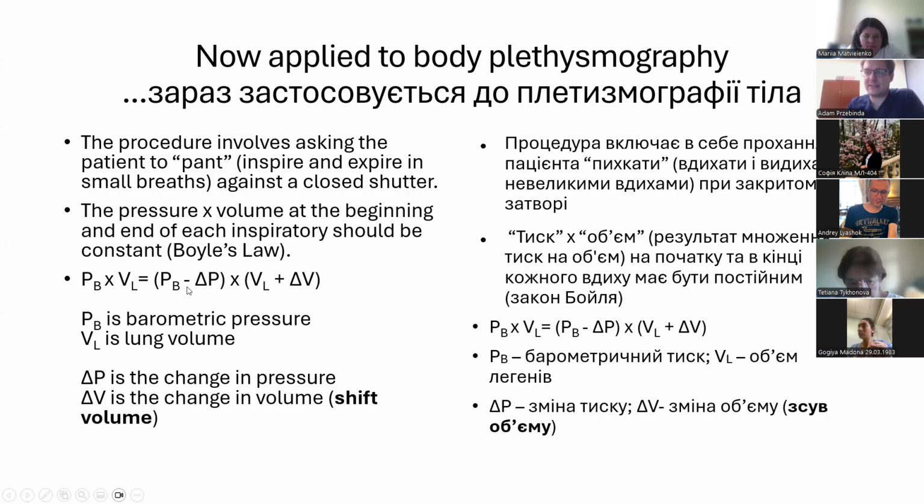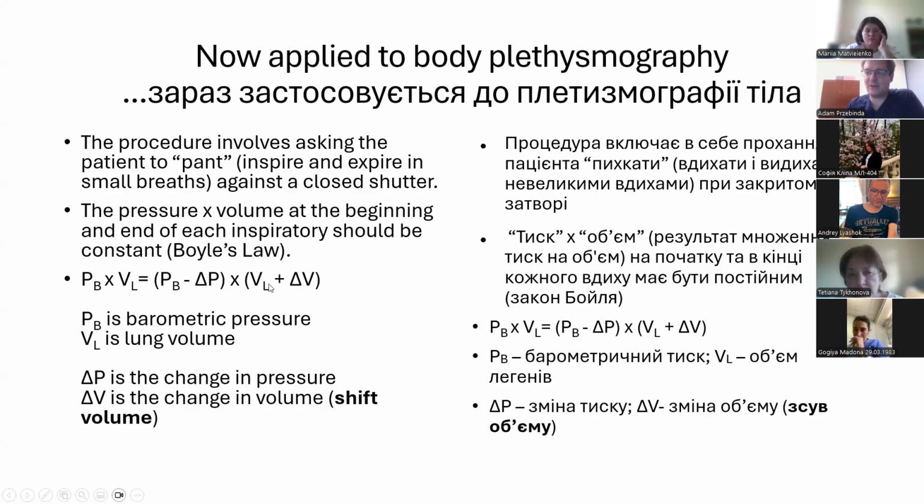If you take a small change in pressure and volume by taking a breath in, then what you're really doing is you have the pressure, which is the barometric pressure, and it drops by just a little bit, delta P, change in pressure, when you take an inspiration. And that is multiplied by the change in the lung volume.